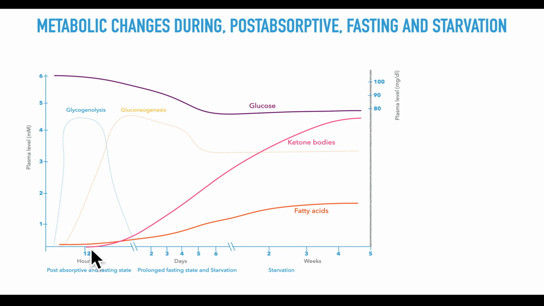Initially there is a basal level of ketone body synthesis, a significant rise of ketone bodies appears around the 3rd day of fasting, and then they continue to rise, and by the 2nd to 3rd week of starvation ketone bodies are almost at peak here.